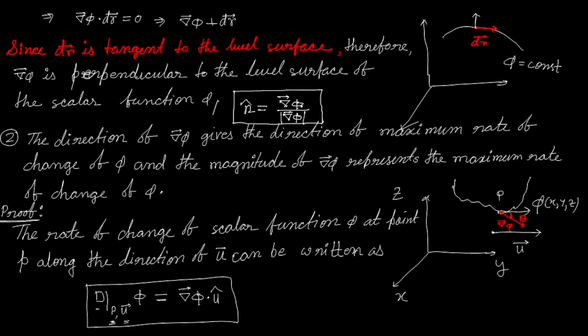So if we take the gradient of this level surface and then divide by its magnitude, that will give us the direction of the electric field on this level surface. These are two physical interpretations that we will use later to solve different types of problems in electrodynamics. Mainly we'll use it in electrostatics and at some point in electrodynamics also. Okay, so that is all about gradient.